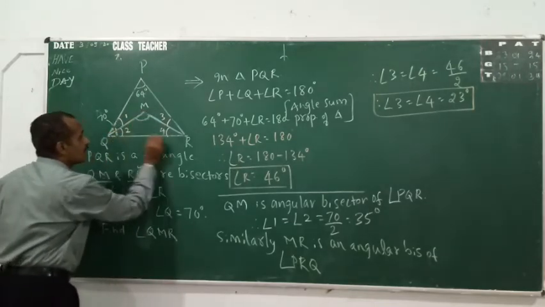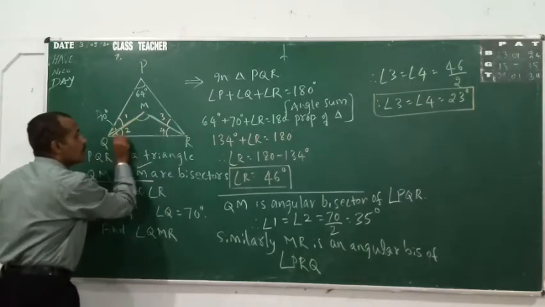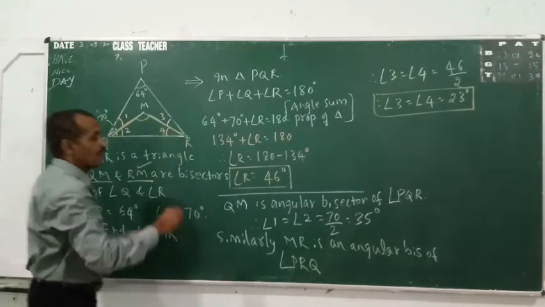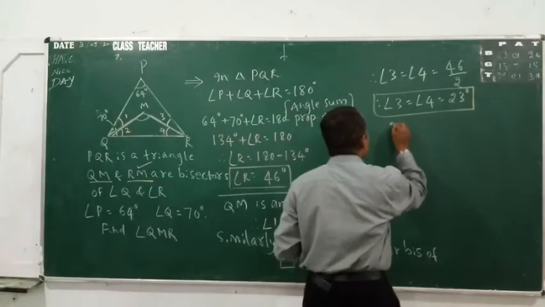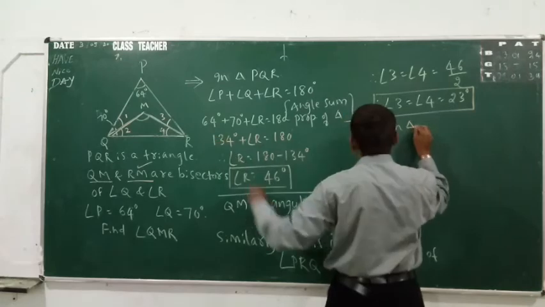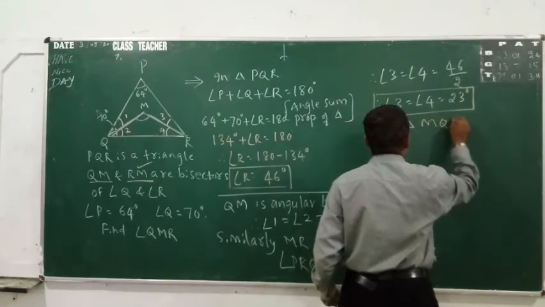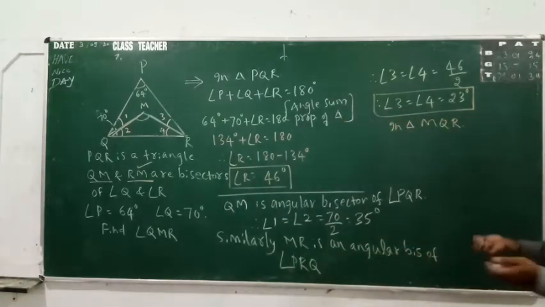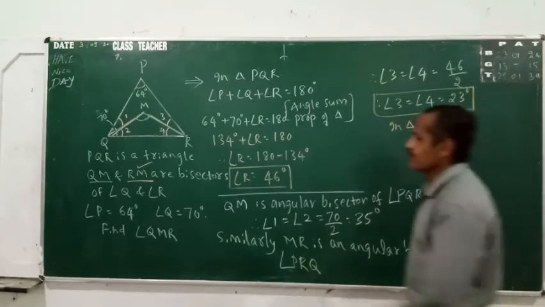Now I will choose the triangle MQR. This small triangle I will take. In triangle MQR, the sum of the three angles of the triangle is equal to 180.